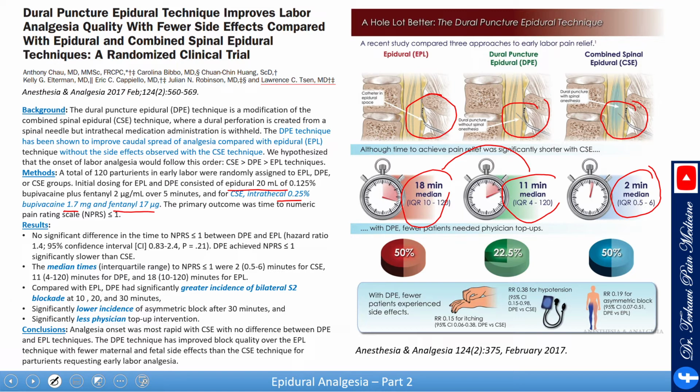However, what's important here is the need for patient top-up, which means you didn't have enough analgesia, so you need to give more medication. The lowest was with the dural puncture epidural.